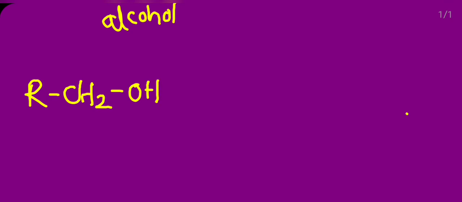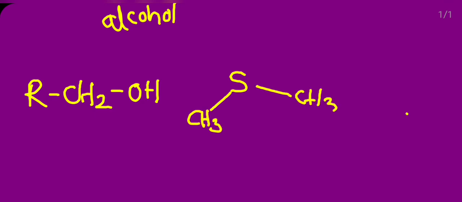You can see, we will take our alcohol moiety, this is our primary alcohol RCH2OH, then this is chlorodimethylsulfonium chloride positive, and then here there will be the Cl.